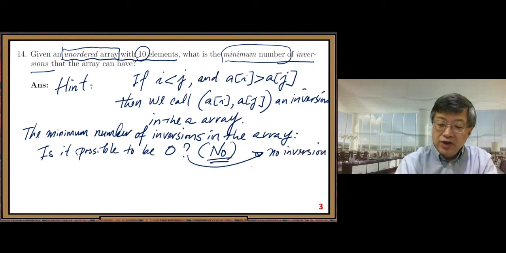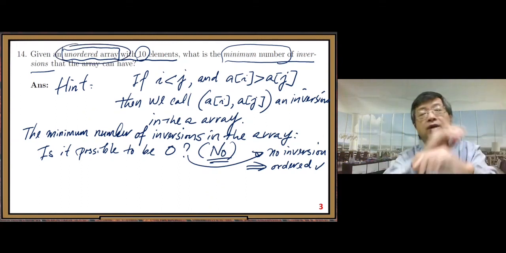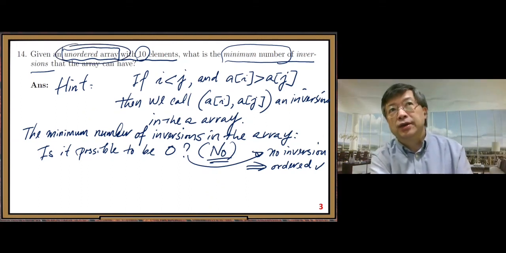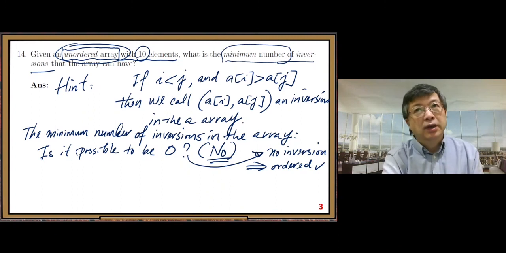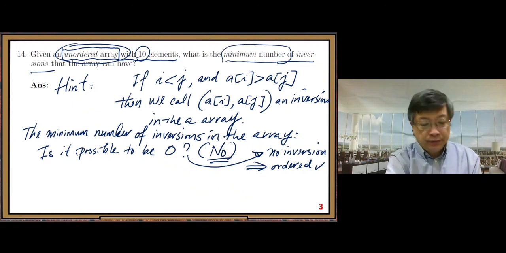If no inversion in the array, that means the array is ordered. The array is ordered, which contradicts the unordered array condition. We are given an unordered array, so we cannot get an ordered case. We cannot.